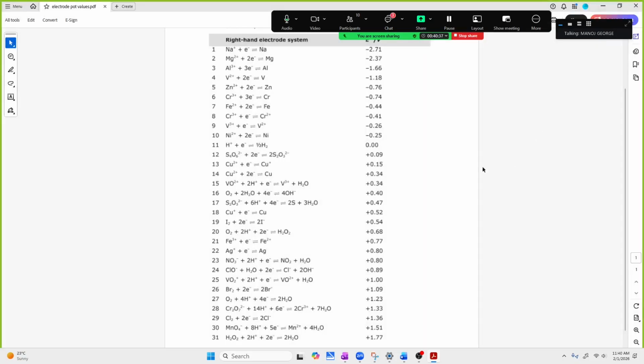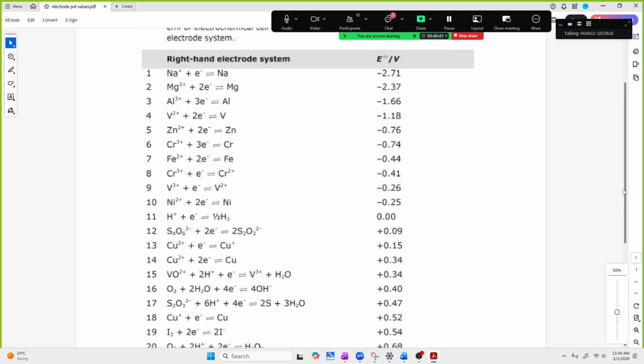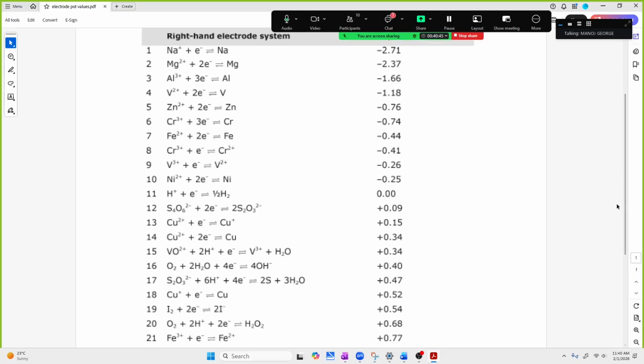Could you just look at this page? Okay, everyone look at this page. And do you notice that every reaction mentioned on this page is reduction? Give me Y for yes and N for no. What do you think? Isn't every reaction mentioned on this page a reduction reaction?